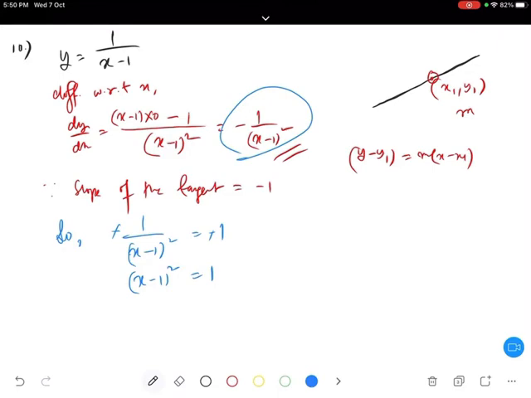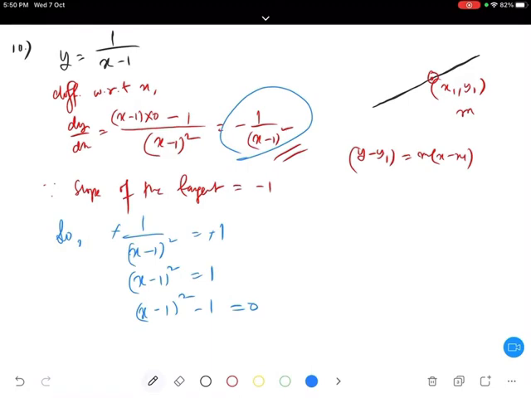So from here, now we have to take the square root of both sides. Achha, I will write like this. Now listen very carefully. 1 I will take this side: x minus 1 whole square minus 1 is equal to 0. Now you see here the a square minus b square formula, right? The reason I am writing this is because minus 1 whole square is also 1 and plus 1 whole square is also 1. So that's why we have to solve like this. The formula a square minus b square is a plus b into a minus b.